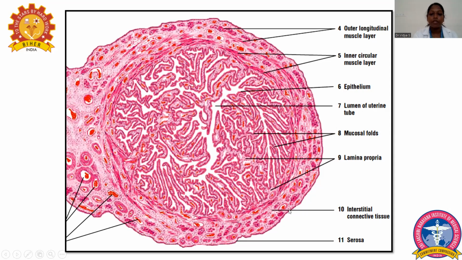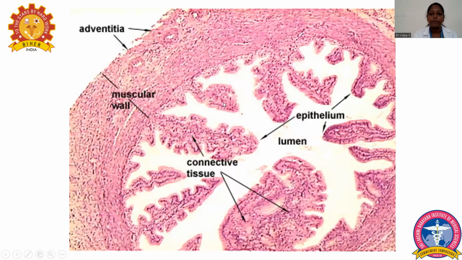Finally, the serosa is nothing but the peritoneal covering here. Irregular lumens we can also see here. This is the irregular lumen. In the same picture we're showing the connective tissue, the muscle wall, the adventitial layer, the epithelium, and the irregular lumen.